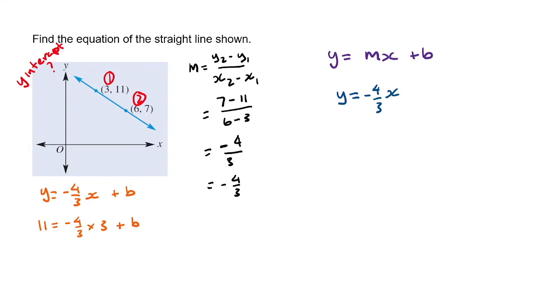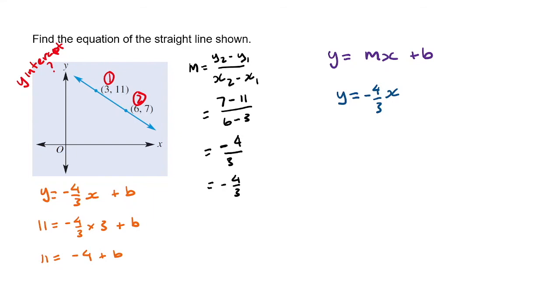Okay, so now we're going to have minus 4 over 3 times 3, which is minus 4, plus b.